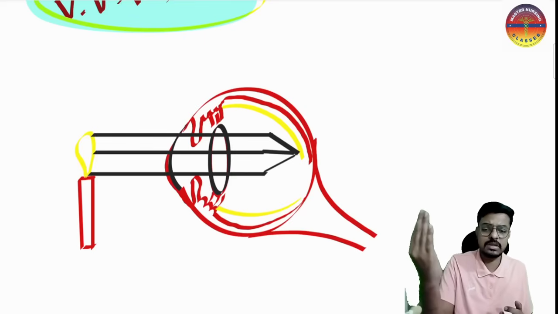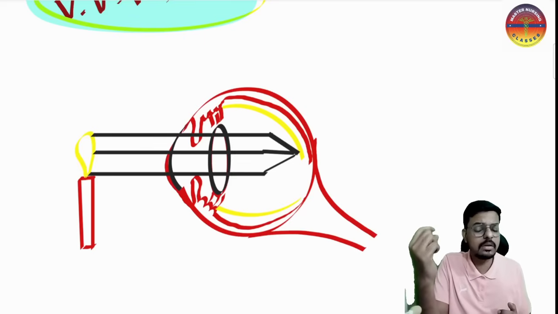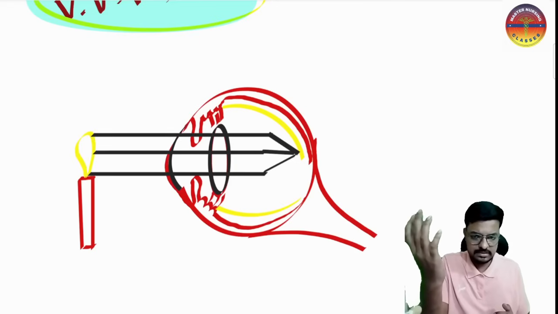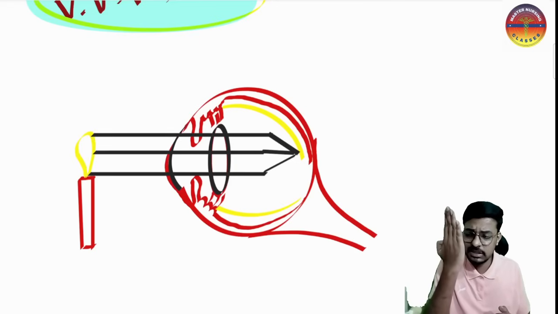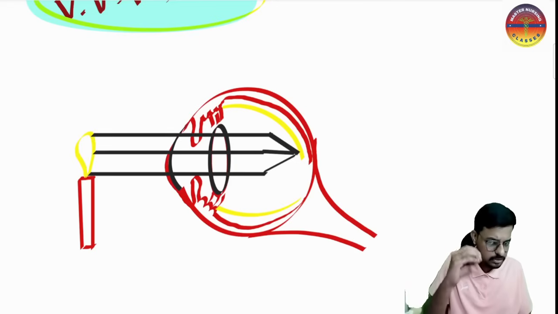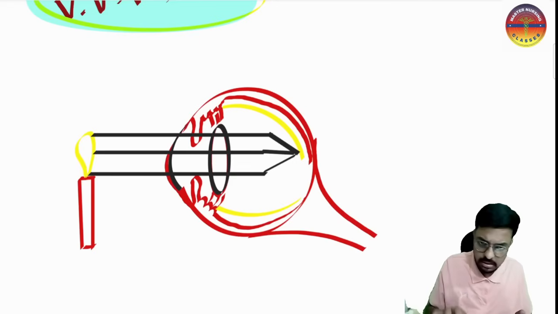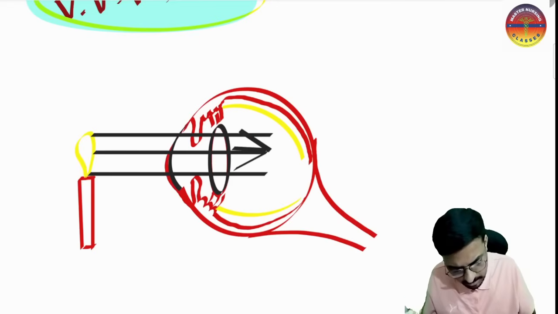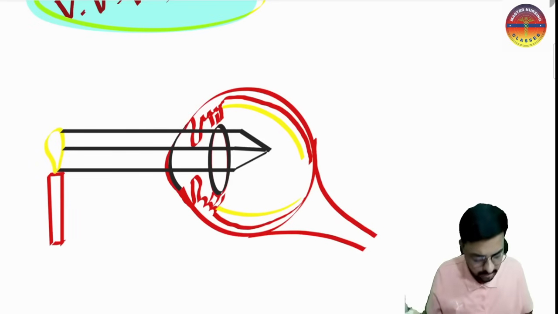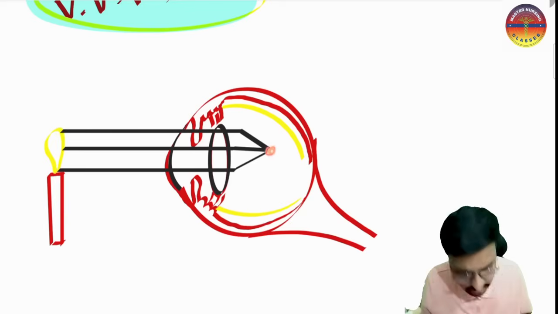This is what we call myopia or near-sightedness. If he holds it away, the light rays will bend in front of the retina. This is what we call myopia.